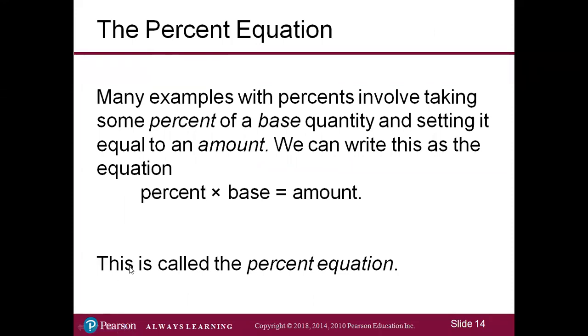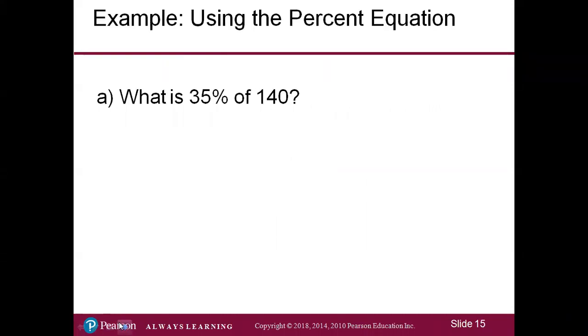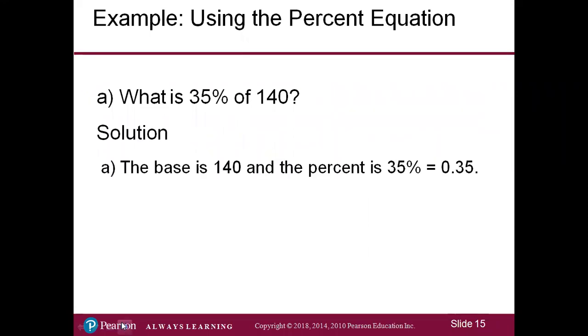Many examples with percents involve taking some percent of a base quantity and setting it equal to an amount. We can write this as the equation percent times base equals amount. This is called the percent equation. What is 35% of 140? Solution.